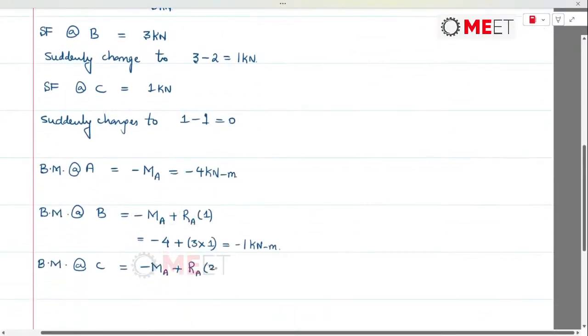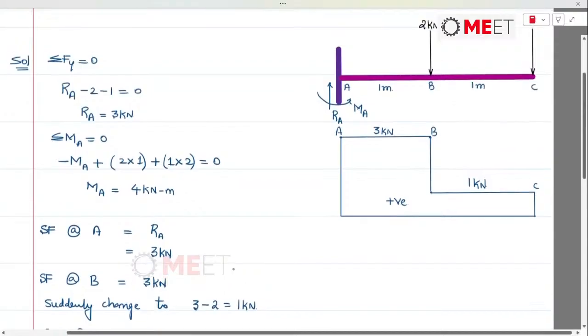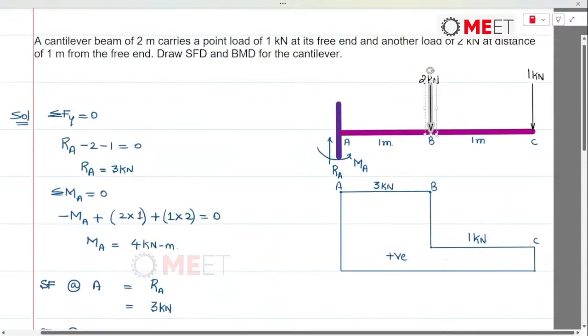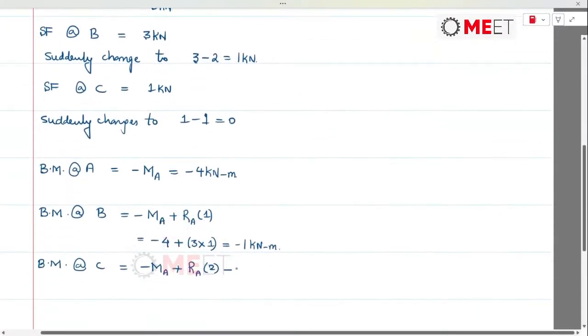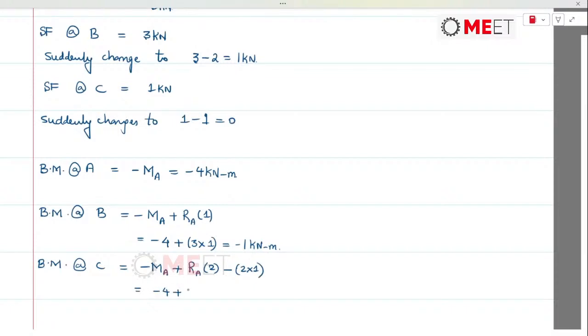So Ra into 2, minus, about point C the 2 kilonewton will produce an anti-clockwise moment, so minus 2 into 1. So Ma is minus 4, Ra is 3: minus 4 plus 3 into 2 minus 2, which is equal to 0. So bending moment at point C will be 0.